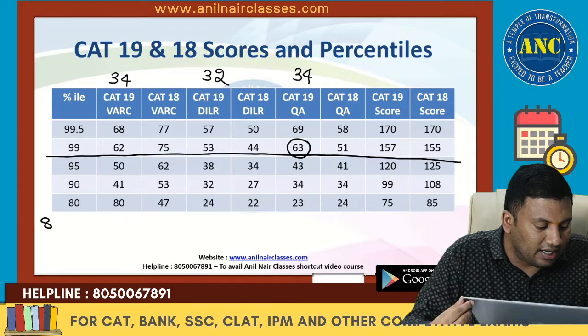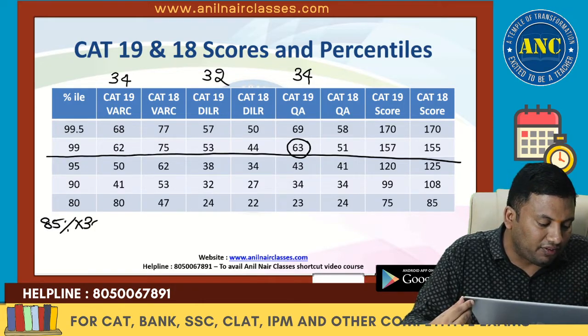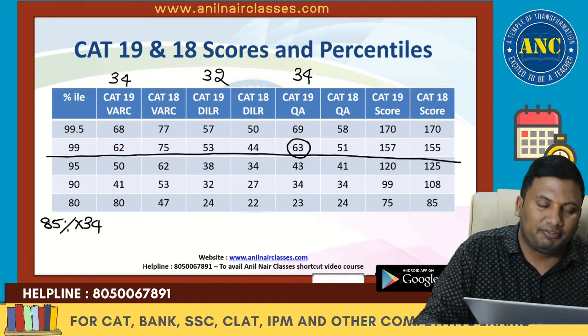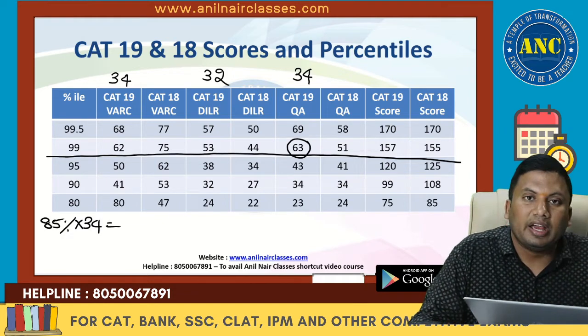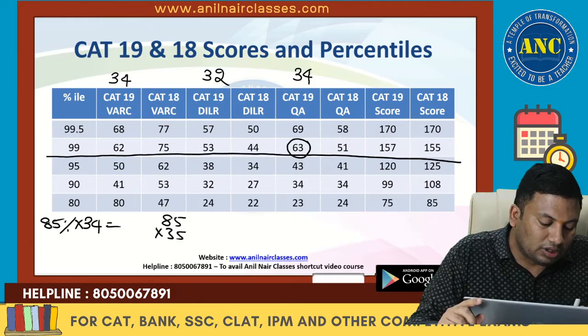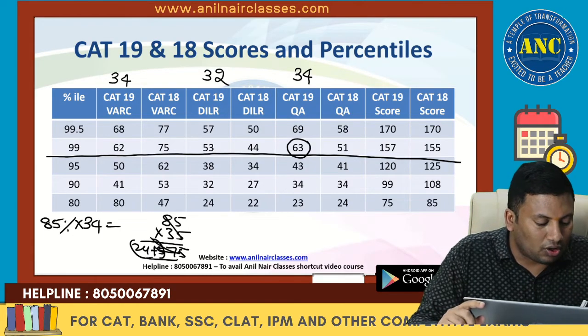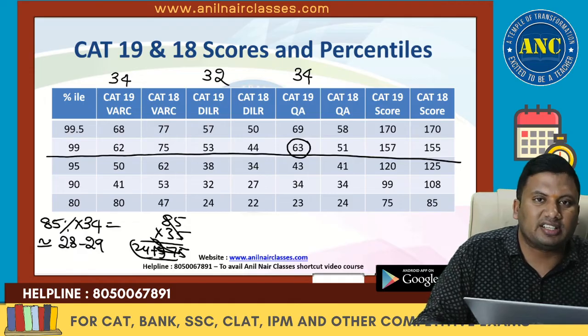So what I said, 85% of 34. 85 into 35 is close to 29.75. So close to about 28 to 29 questions with 90% accuracy.